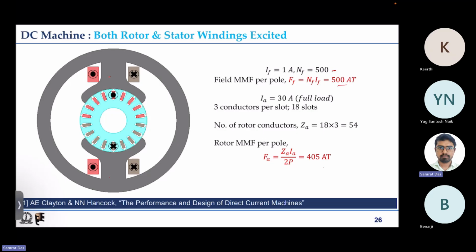But one thing we have seen is that the air gap path is quite low along the field winding axis. So the flux density due to the field is quite strong, because of the very small air gap along its axis.